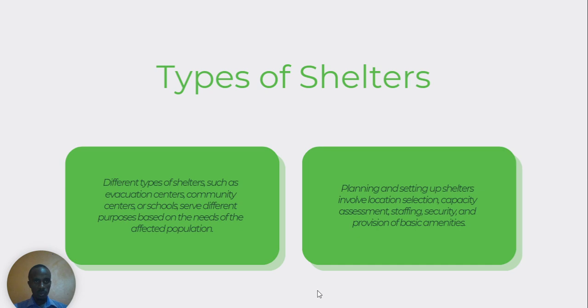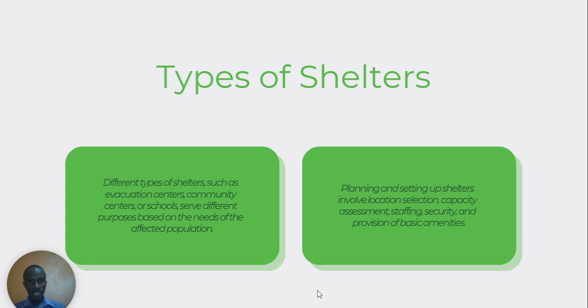So we have different types of shelters, such as the evacuation centers, like we had already talked about, community centers or schools, which serve different purposes based on the needs of the affected population.